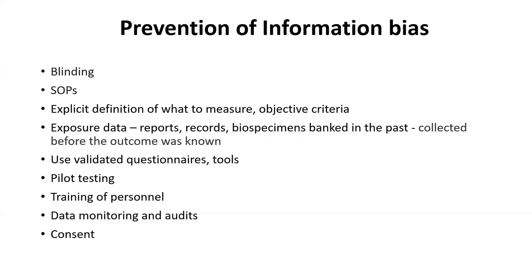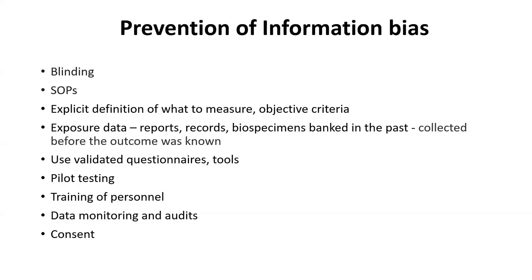So we have covered the majority of these things in our examples, that is blinding, SOPs, then explicit objective criteria and definitions. Then, instead of looking at self-reports, can we have some records or biospecimens which were banked in the past, which objectively help us assess the exposure status, using validated tools and questionnaires, pilot testing, training, and data monitoring audits.